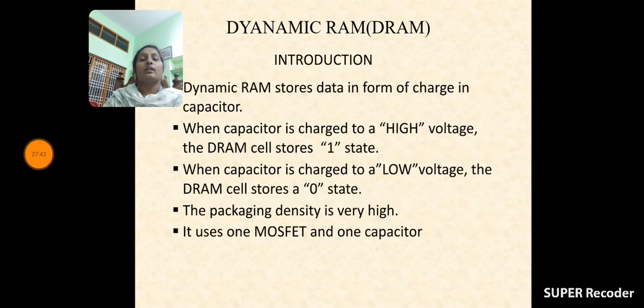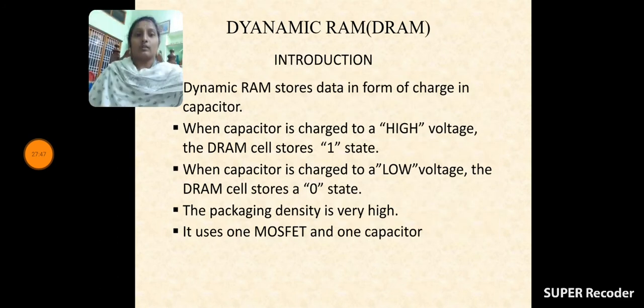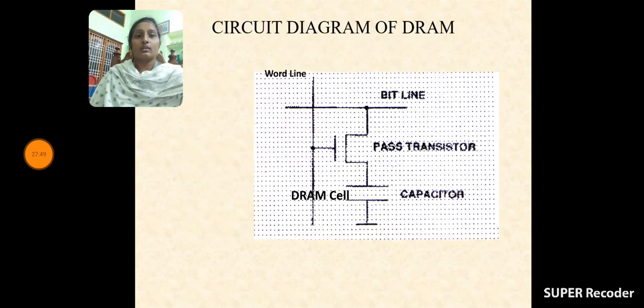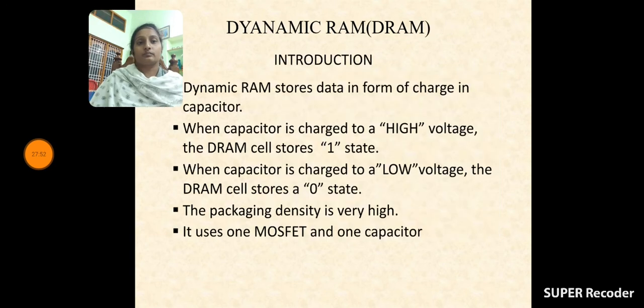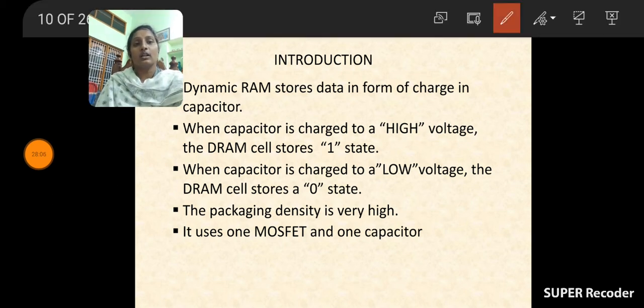And see here, while coming to the dynamic RAM, it stores data in the form of a capacitor. So in dynamic RAM, how does it store the information? In the form of electric charge. Which element is used in the dynamic RAM to store the data?